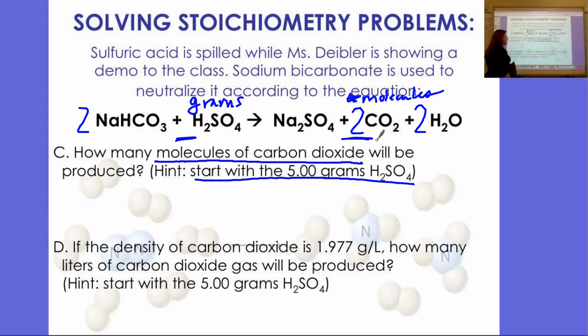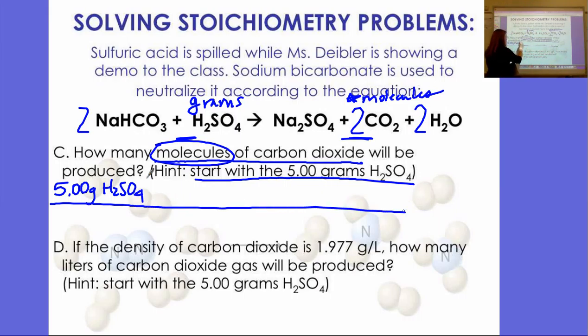Ratio again, 1 to 2. Now it says molecules, though. Now we're thinking bottom of the snowman, so I need my Avogadro's number. 5 grams of H2SO4. Same thing. Grams. I have to get out of grams and get to moles.